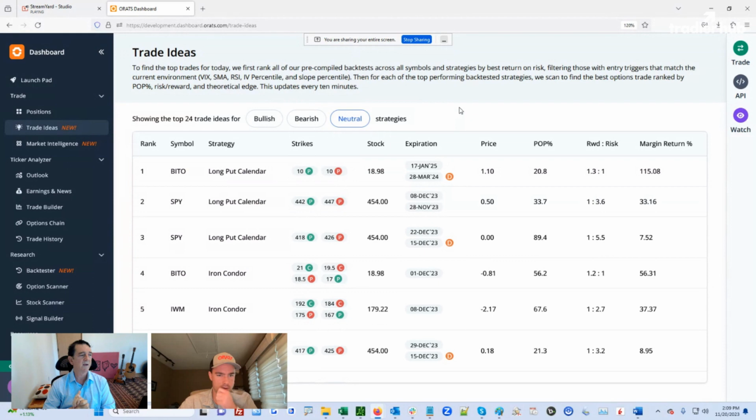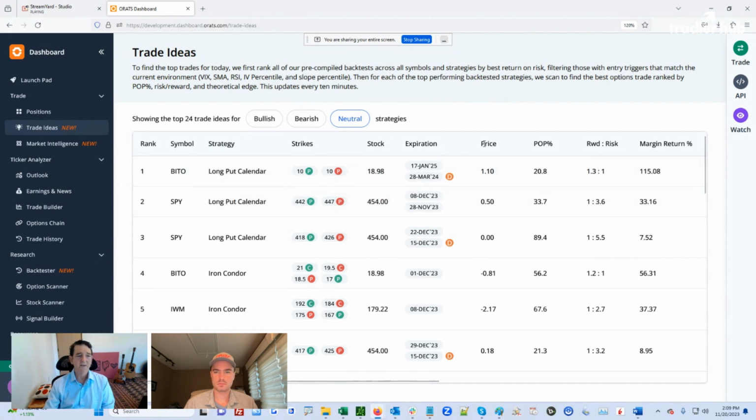What is the RSI, overbought or oversold? What is the moving average, the 50-day versus the 200? Those are just a few of the environmental factors that we backtest under. So we would only get into a certain strategy if it's under those particular entry criteria, we call it.